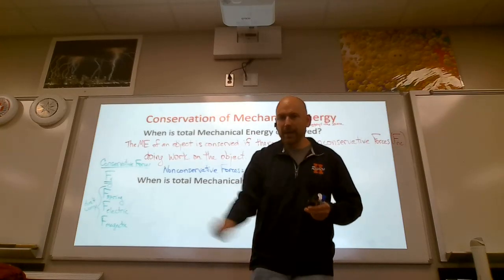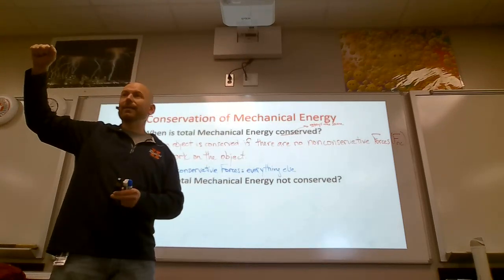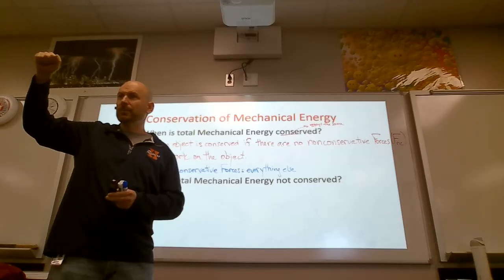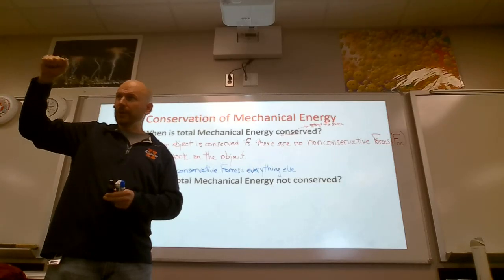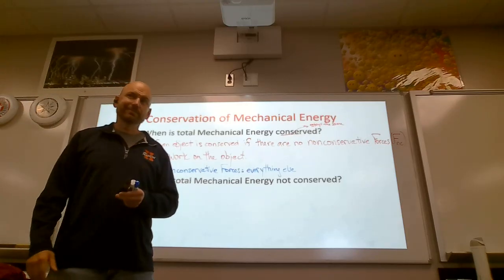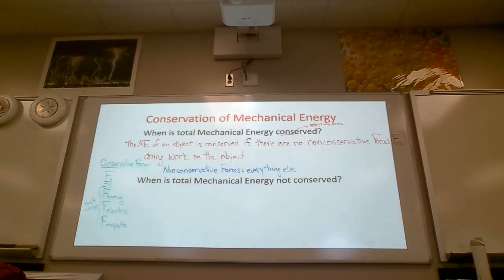I can move this around, go all over the place, jump up, and come back to the same height, and it has the same amount of gravitational potential energy, because of the location it's at. Okay, that's kind of a rough explanation of what makes something conservative versus non-conservative.